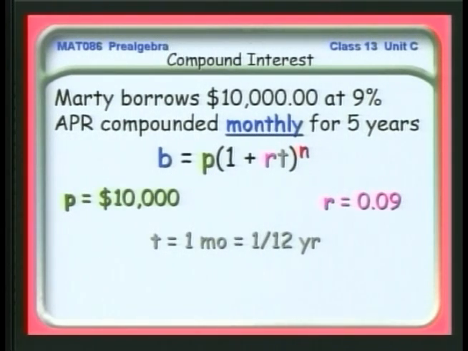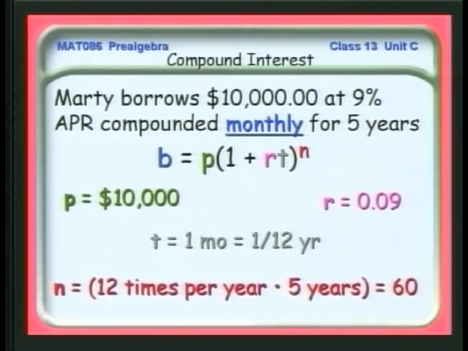Since the rate is given in terms of years, the time also has to be given in terms of years, and 1 month is 1/12 of a year. Then N is the number of times that the interest is compounded. Since it's compounded monthly, it's compounded 12 times a year, and the loan is for 5 years. So in this case, N equals 60.